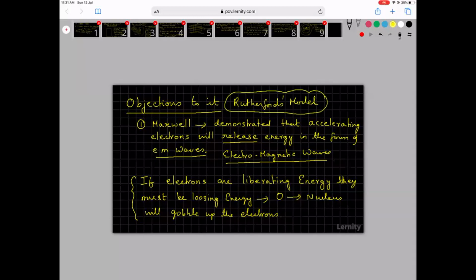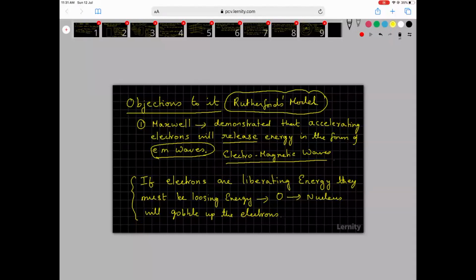Okay, the objection is that according to the scientist Maxwell, if something is accelerating, if something has a changing velocity, then it will release energy in the form of EM waves. EM waves are nothing but electromagnetic waves. Now if an electron is rotating around the nucleus, it is accelerating. If it is accelerating, then it must be liberating energy.